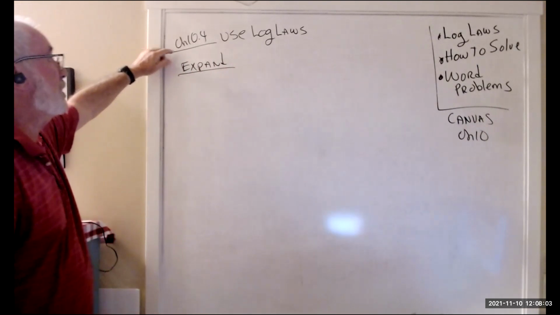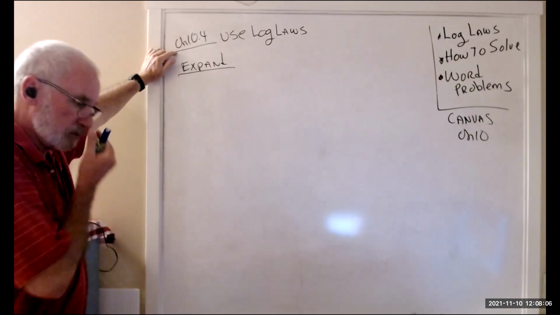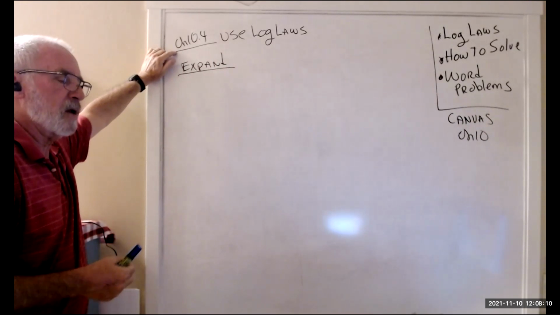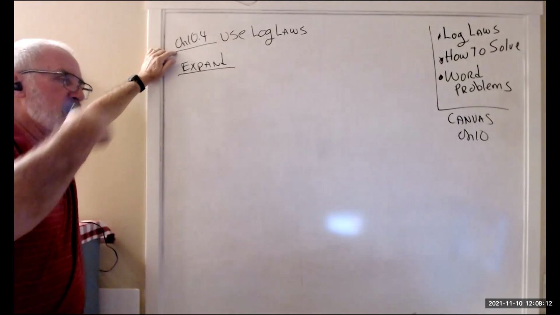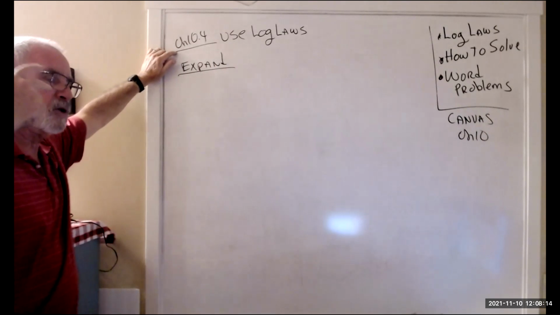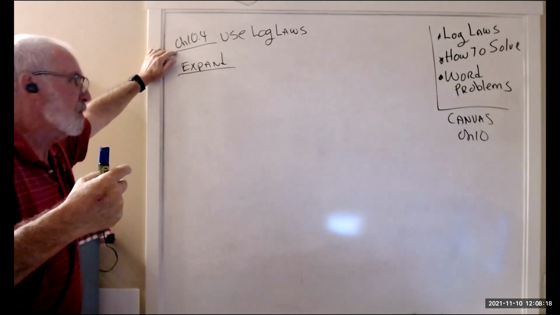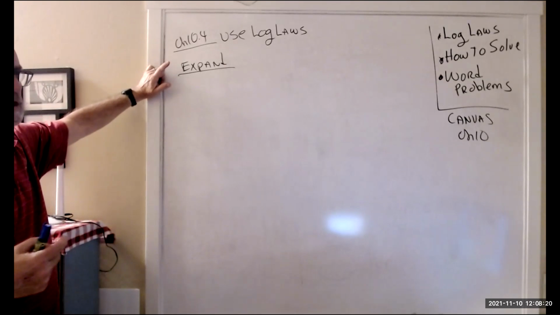So we're still in 10.4. We're still talking about the log laws, and we're going to use them in a lot of ways, but there's going to be 2 questions on the test. One is going to say expand.